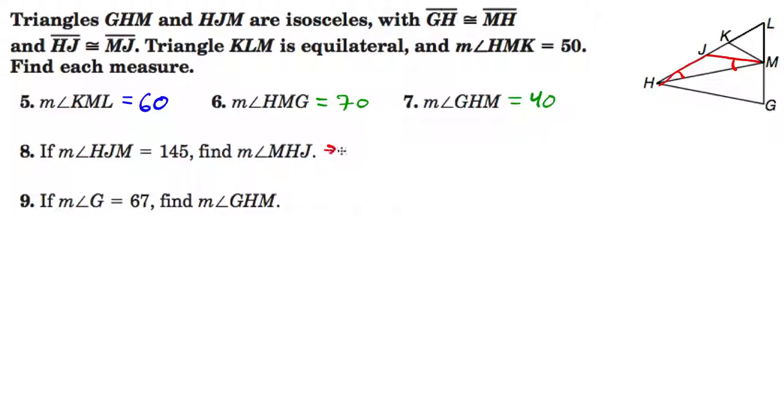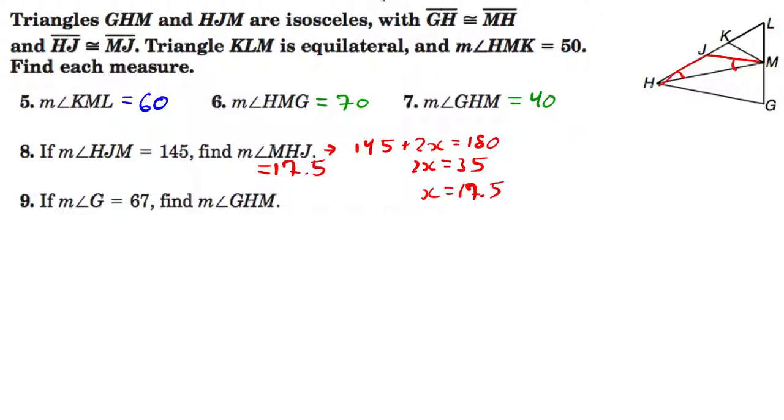So here what we have is that 145 plus those two angles, so if that's x and that's x, plus 2x is equal to 180 degrees, then 2x must be equal to 35, right? Because 180 minus 145 is 35. So x is equal to 17.5, so this is equal to 17.5.